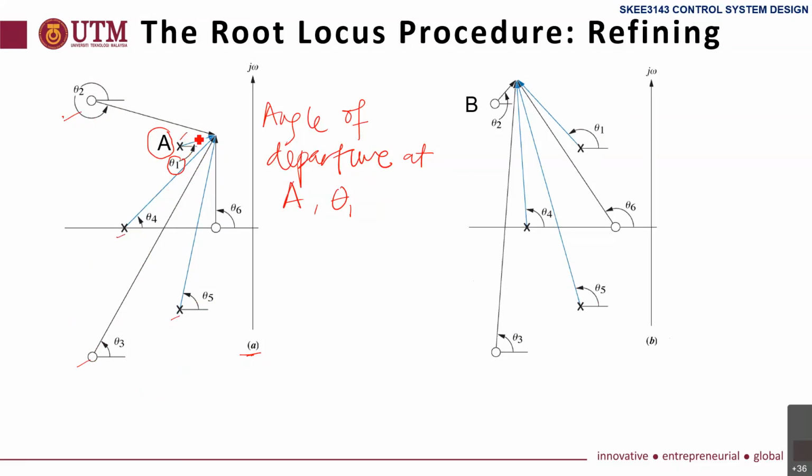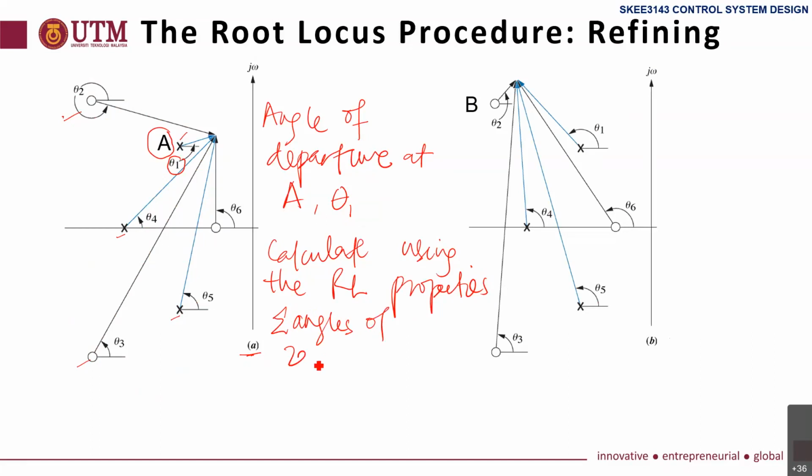We will calculate angle of departure and also arrival using the root locus properties, which say that the total angles of zeros minus the total angles of poles equals plus or minus 180 degrees.